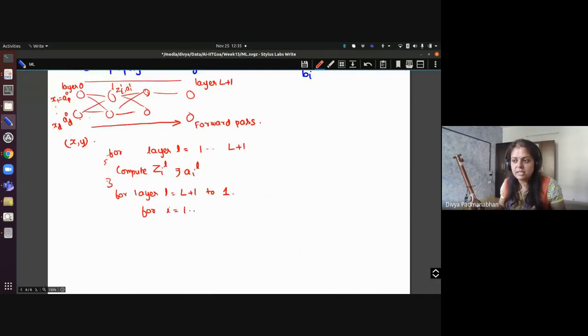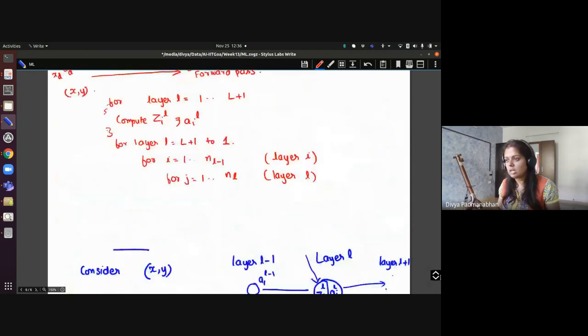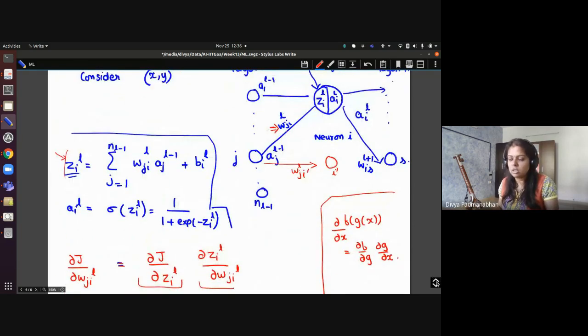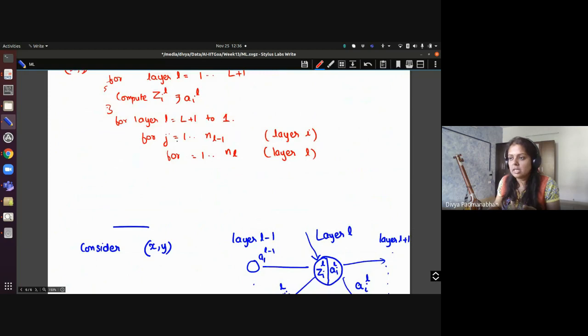So for i is 1 to n_(l-1), because there are n_(l-1) neurons in layer l minus 1, and for j is 1 to n_l. Let's reverse the indices because I've written it that way: dou J by dou W_ji. So j is for the previous layer and i is the layer l.